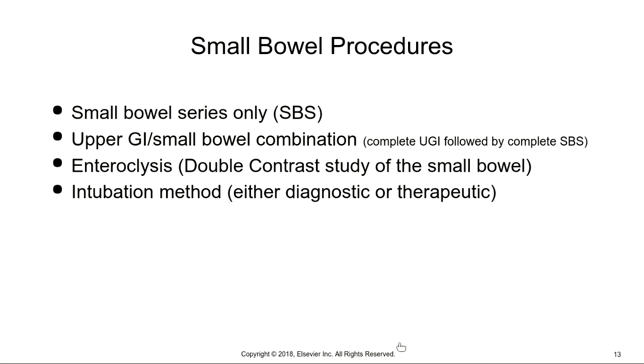It stands for small bowel follow through, and that's actually on page 497. And then we'll talk about an enterocolysis, which is a double contrast study of the small bowel. That's on 498. And the intubation method, which can be either a diagnostic or a therapeutic method, and that is on page 499.